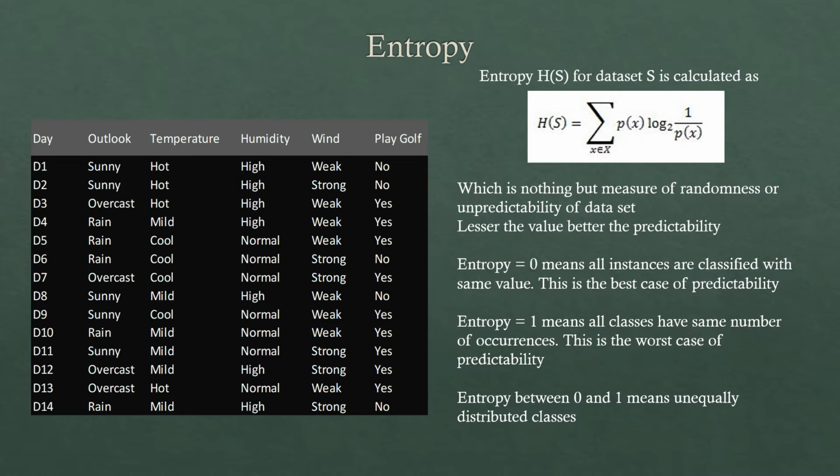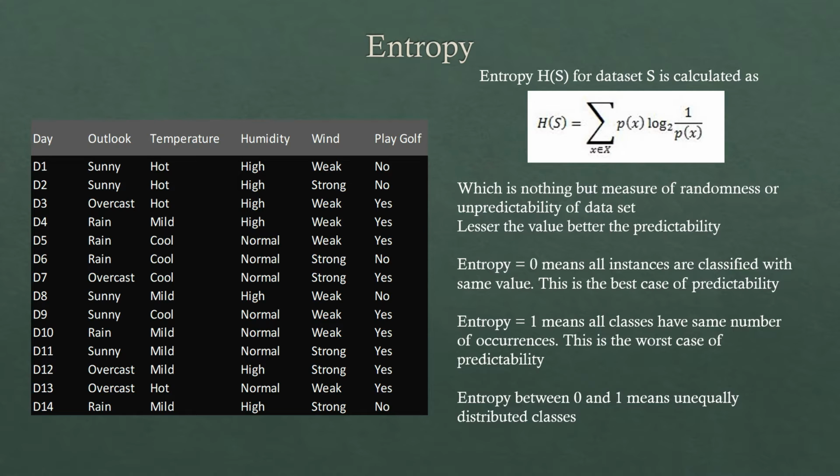Entropy equal to 0 means all instances belong to the same class, which is the case of best possible predictability. When entropy is equal to 1, this means instances have all classes with exactly the same number of occurrences. This is the worst case as far as predictability is concerned.